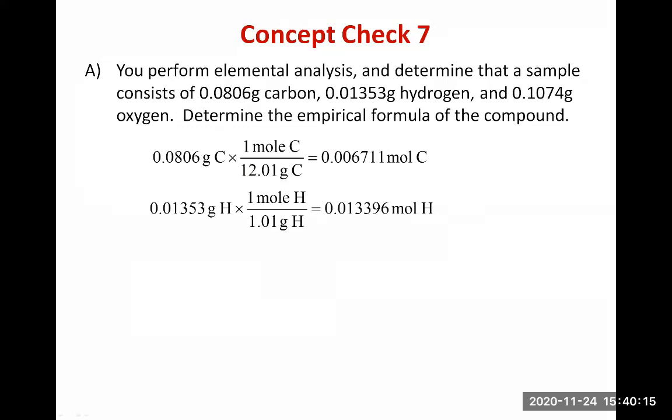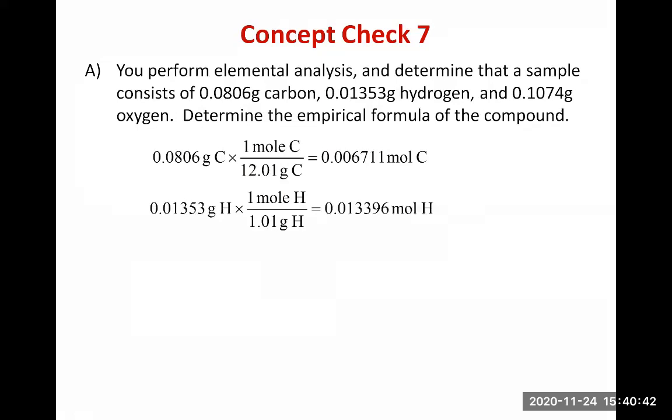And so 0.01353 divided by 1.01 is 0.013396, etc. Here, okay, I keep more sig figs than I need, but that's because I wanted to make sure we get the right answer there.